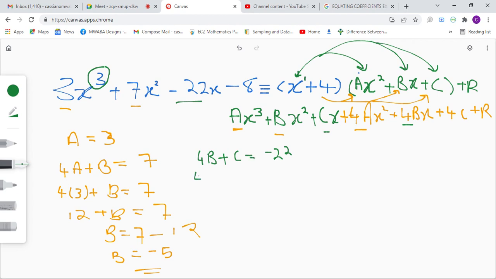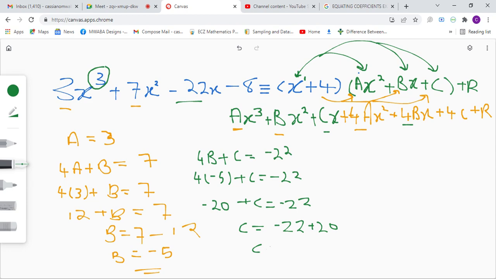We have our value for b, so we say 4 times negative 5 plus c equals negative 22. Negative 5 times 4, we get negative 20, plus c equals negative 22. Right? So then we say c is going to equal negative 22 plus 20. Then c gives us negative 2.